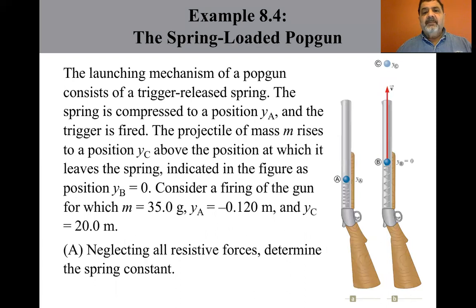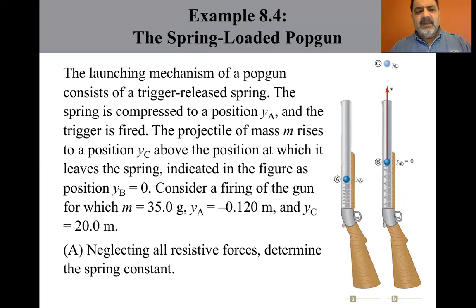Now, the launching mechanism of a popgun consists of a trigger release spring. The spring is compressed to a position YA, and the trigger is fired. The projectile of mass M rises to a position YC above the position at which it leaves the spring, indicated in the figure as position YB equals 0.